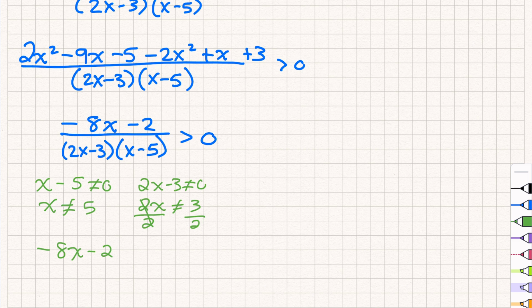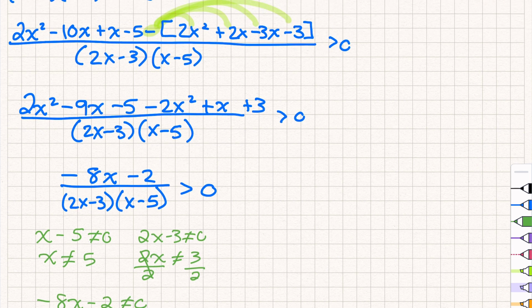the reason why we're checking this one here is not necessarily when it's undefined, but when it's 0. The reason why we're checking this one is because the equation says when is it greater than 0. So it won't be true if it's equal to 0. So that's why we're checking the numerator as well when it's equal to 0, because we don't want it to be equal to 0. We want it to be greater than.